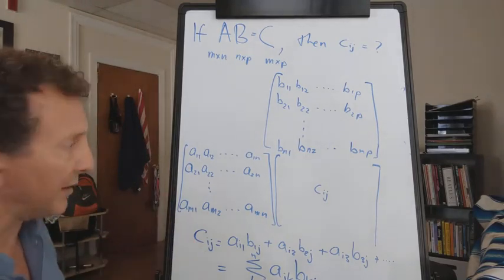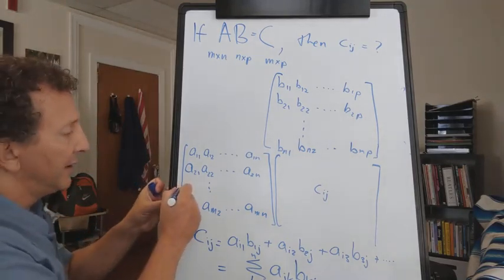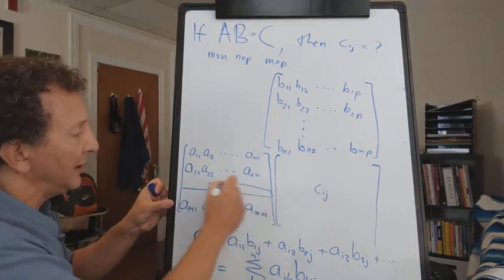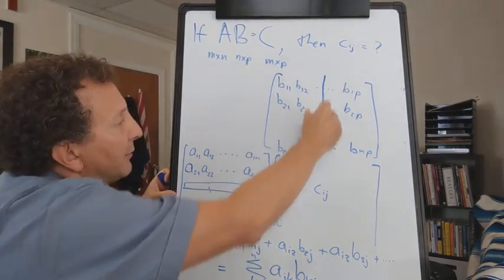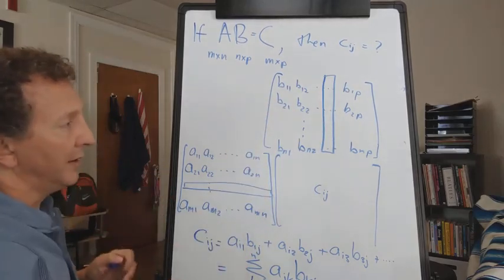Well, another way to think of this is, we've got a row vector here, the ith one, and a column vector here, the jth one.